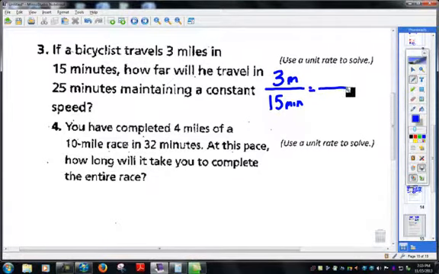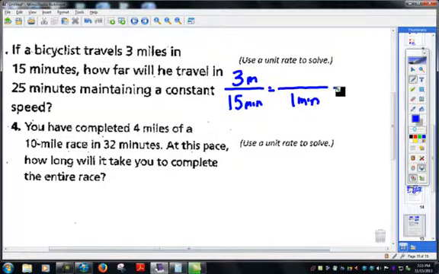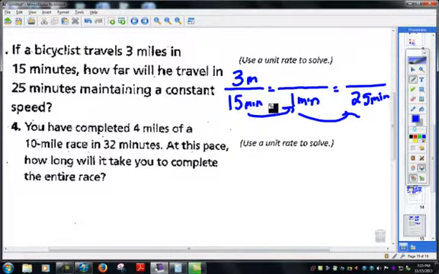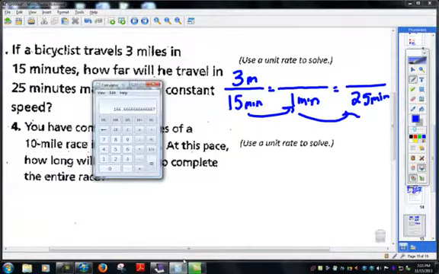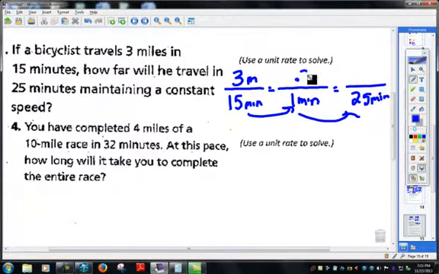Let's figure out how far he's going to travel in 1 minute, and then he actually rode his bike for 25 minutes. Notice I made sure my minutes were on the bottom because that's where my unit rate was going to happen. So I have to do 3 divided by 15, and that's 0.2 miles, okay?